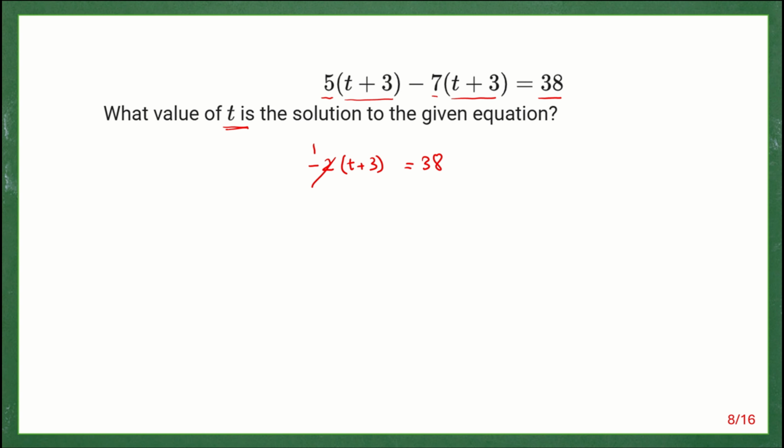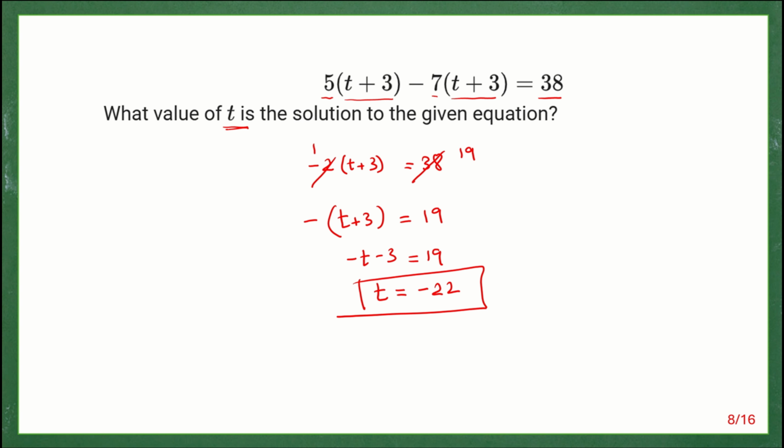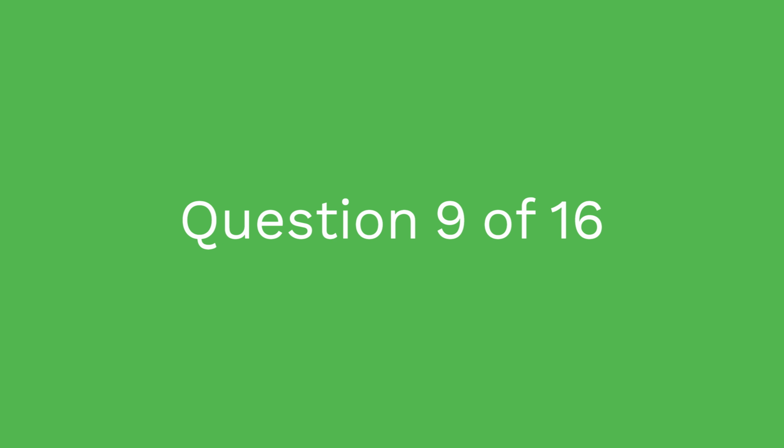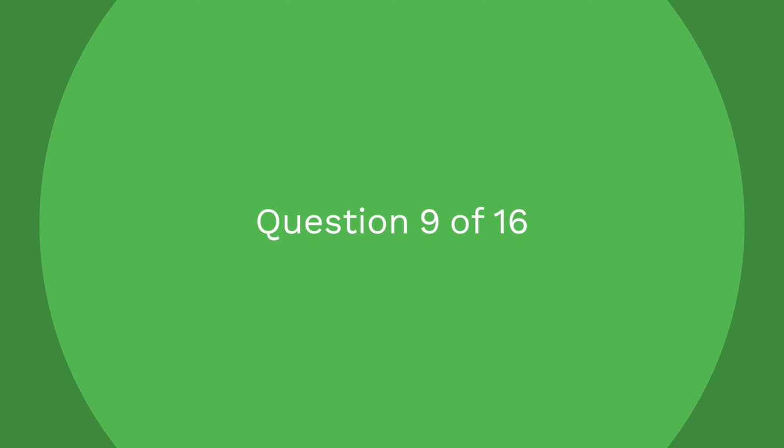Let's divide both sides by 2. This will become 19. So minus t plus 3 is equal to 19, or minus t minus 3 is equal to 19, and t is equal to negative 22 here.